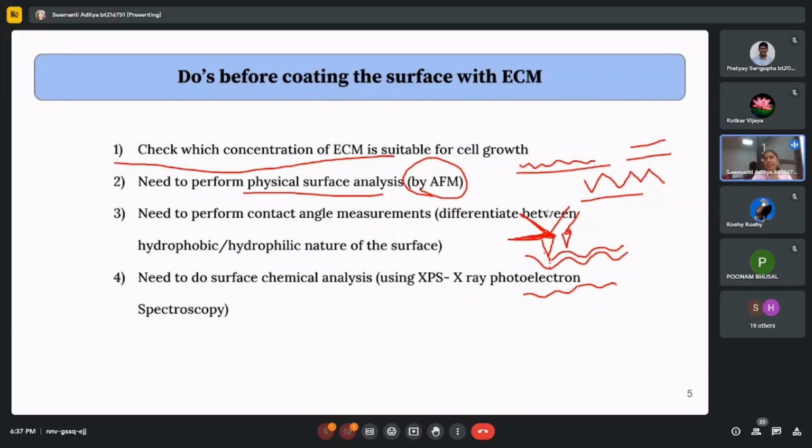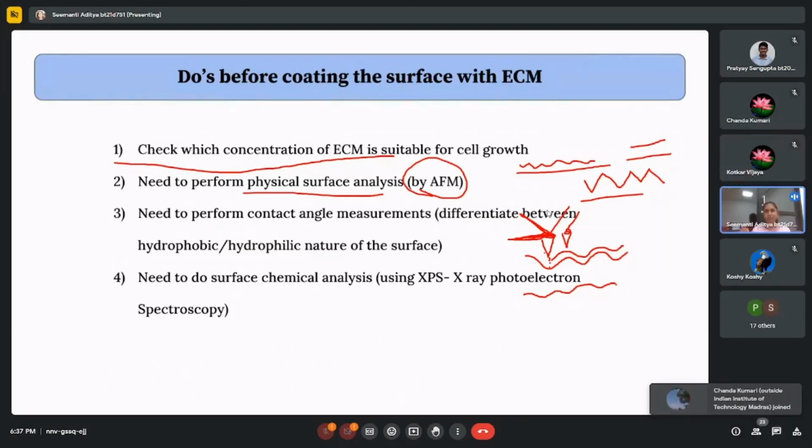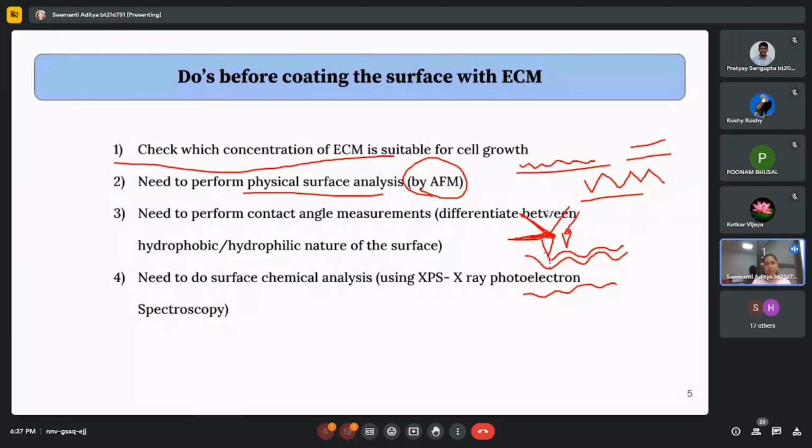affected by sound noises or even vibration. So generally this kind of microscope is placed on the ground floor or even better underground, because if the building is very tall, the building vibration can also affect the movement of the cantilever. So these microscopes have to be placed in a very secure room, preferably on the ground floor or underground, so that the building vibration is not affecting it, because it is very sensitive.